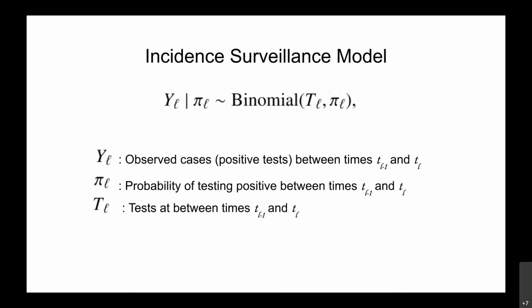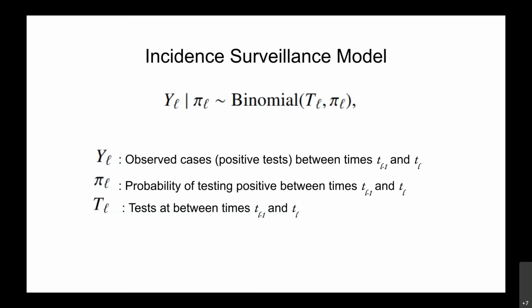This is where we're going to start to contribute a little bit, because remember, we wanted to account for tests, as we don't want our model to get confused between increases in testing and increases in cases. We want to always remember that we have some number of positive cases that we've tested, but that number of positive cases depends on the denominator here, which is tests in some sense.